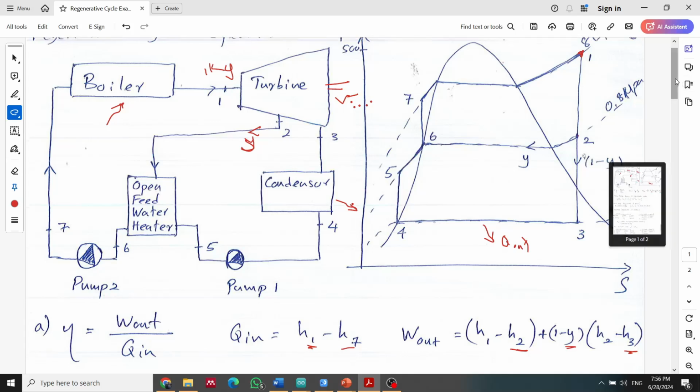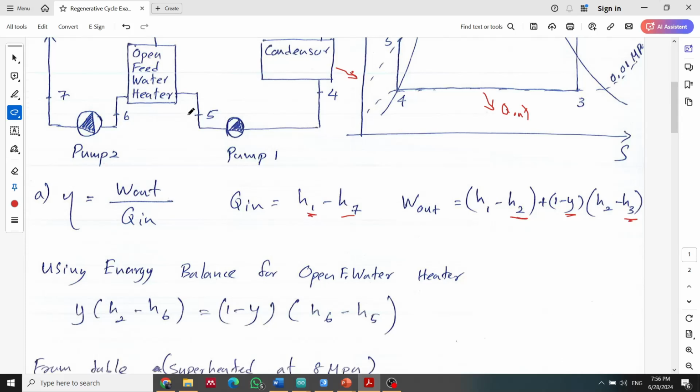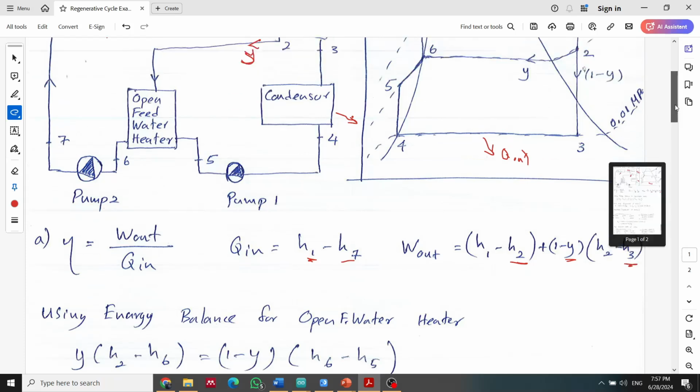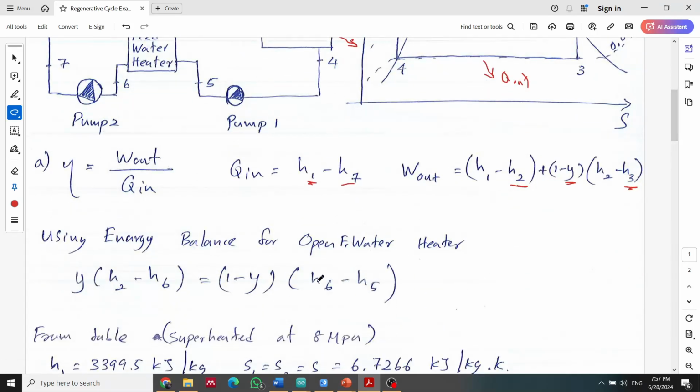Therefore, considering the energy balance for the open feed water heater, the heat from here, y times H2 minus H6, should be equal to 1 minus y times H6 minus H5. So if we know all the H values, then we can find the y here.